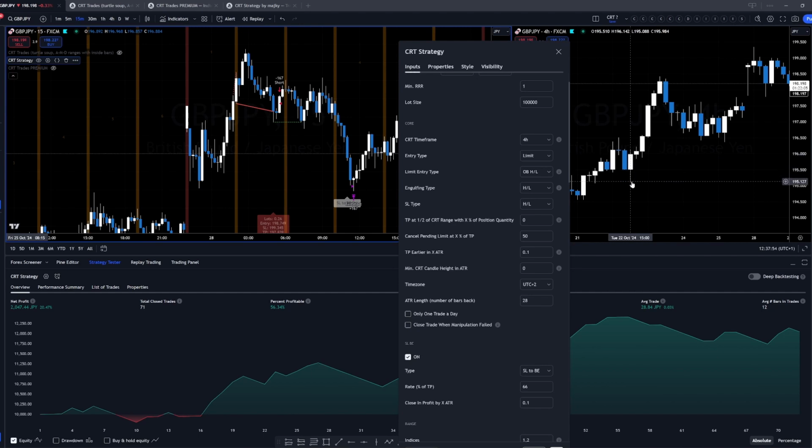Here you can see that the manipulation happened, right? But if this candle was already developing and the strategy entered after the engulfing, and then the price closed below this low, then manipulation failed and the position can be closed immediately.